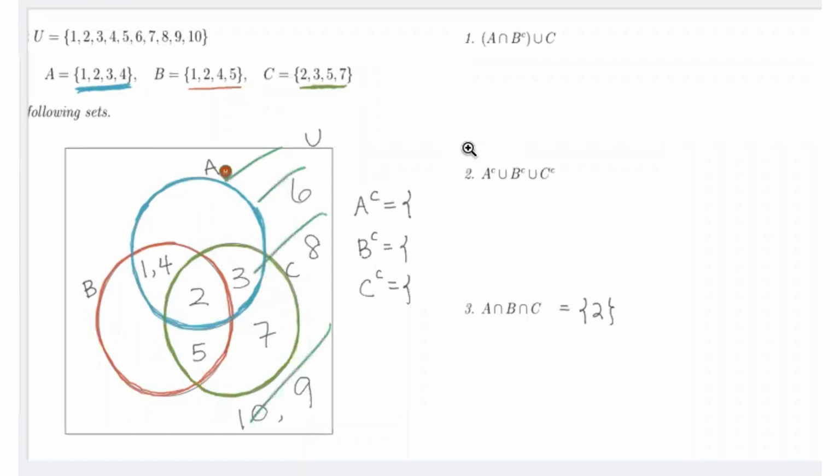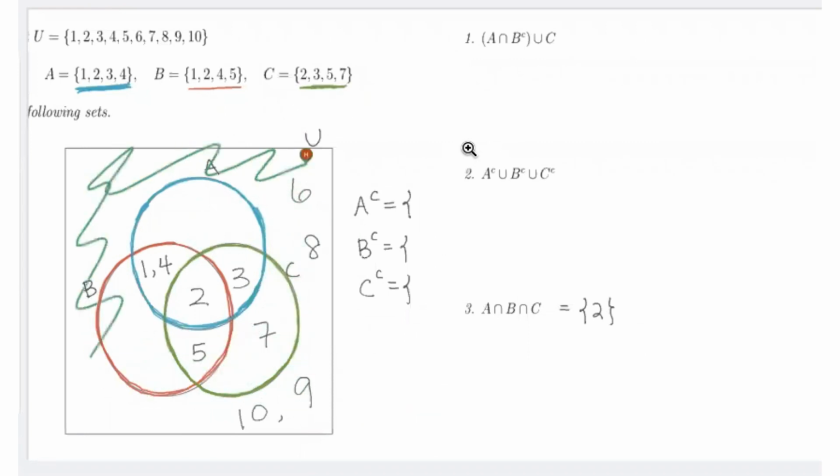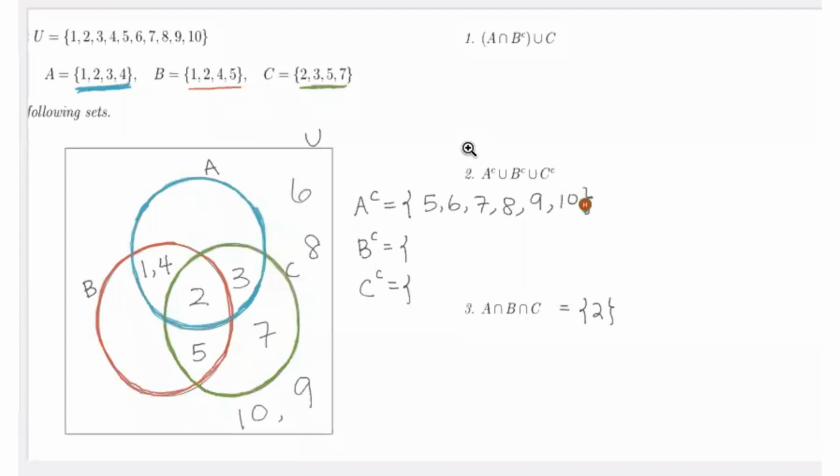What's A complement? It's 5, 6, 7, 8, 9, 10. Do we all agree with that?